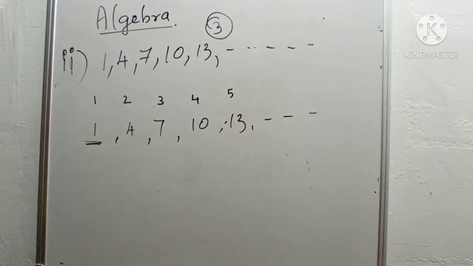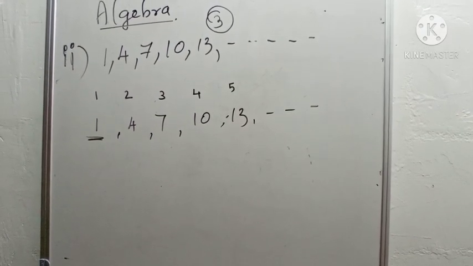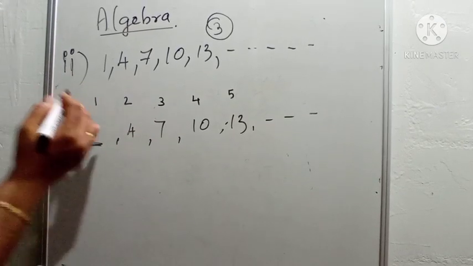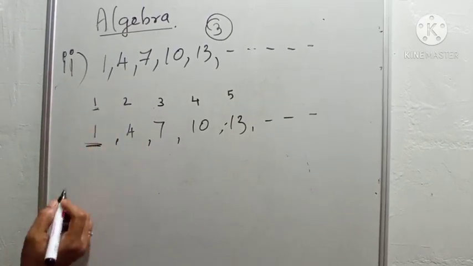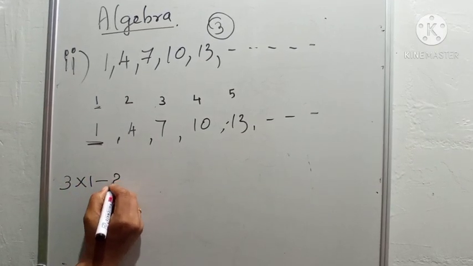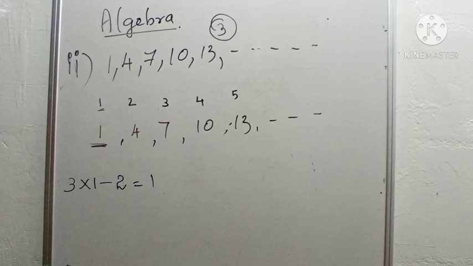So, is there any relation between the multiples of 3 and these numbers? See, the first number 1: 3 into 1 minus 2 is equal to 1.